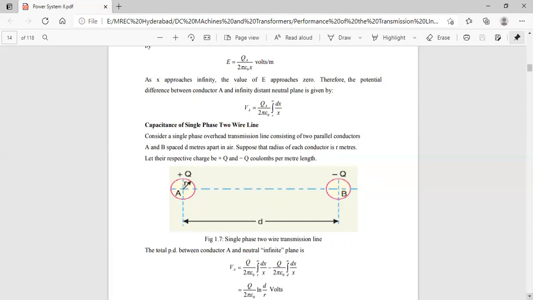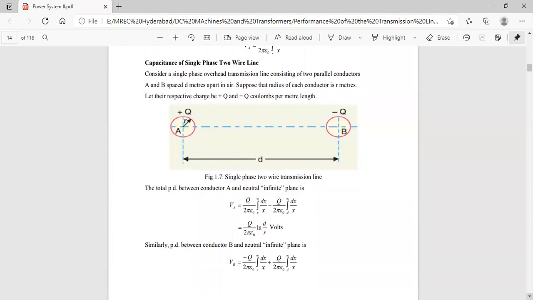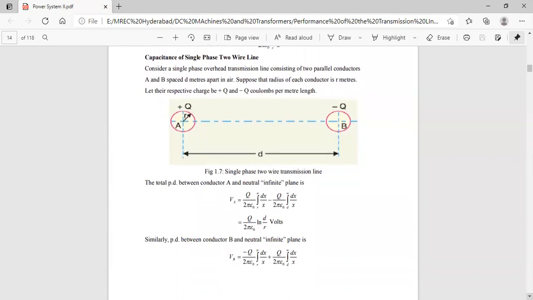The total potential difference between the conductor A and the neutral infinite plane is VA = Q divided by 2 pi epsilon naught times the integral from R to infinity of dx divided by X, minus Q divided by 2 pi epsilon naught times the integral from D to infinity of dx divided by X. So you have to simplify these equations.